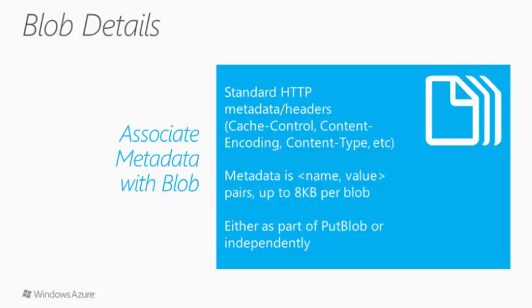And of course, you can create your own custom metadata in case you need it, and basically it's just regular name value pairs. And of course, you can manipulate your metadata independently. It's also very important, because if I want to change only my metadata, I do not want to re-upload the whole blob. I can re-upload just my metadata, and that's all.